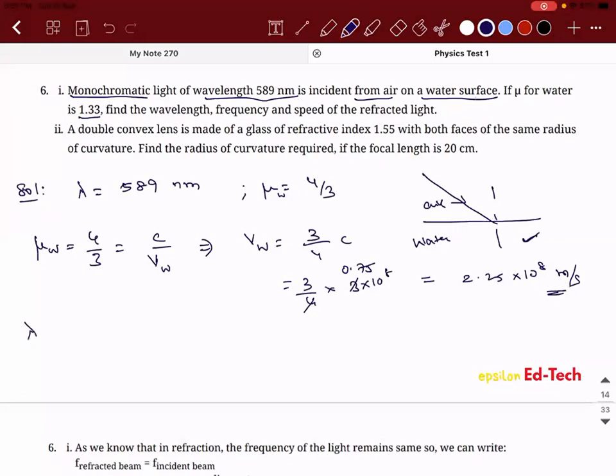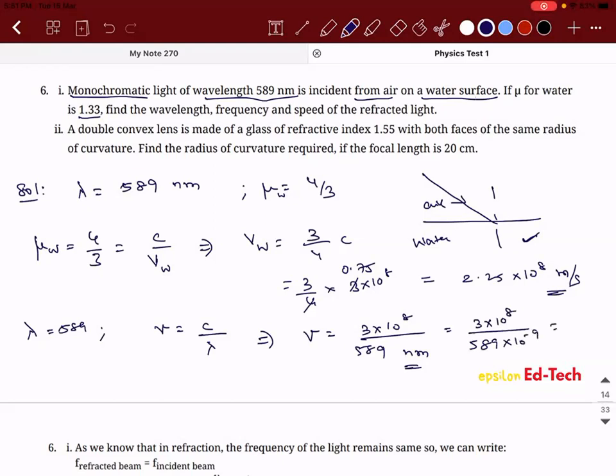So when you know wavelength, how will you calculate frequency? Frequency is equal to C divided by lambda, which implies nu is equal to 3 into 10 power 8 divided by 589 nanometer. Right. So 589 nanometer means 3 into 10 power 8 divided by 589 into 10 power minus 9.